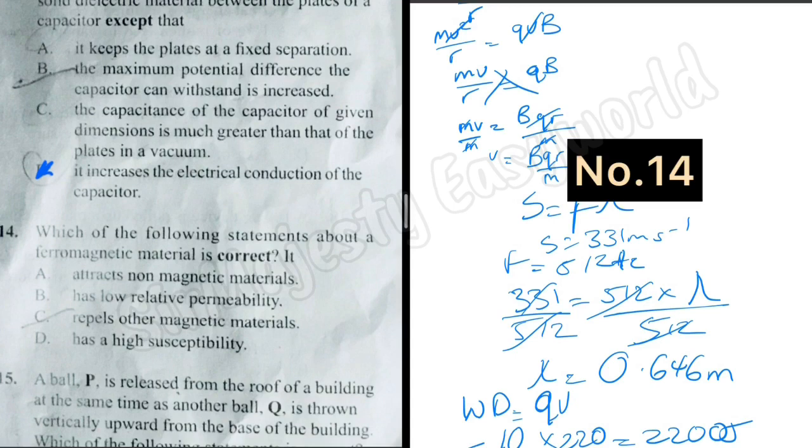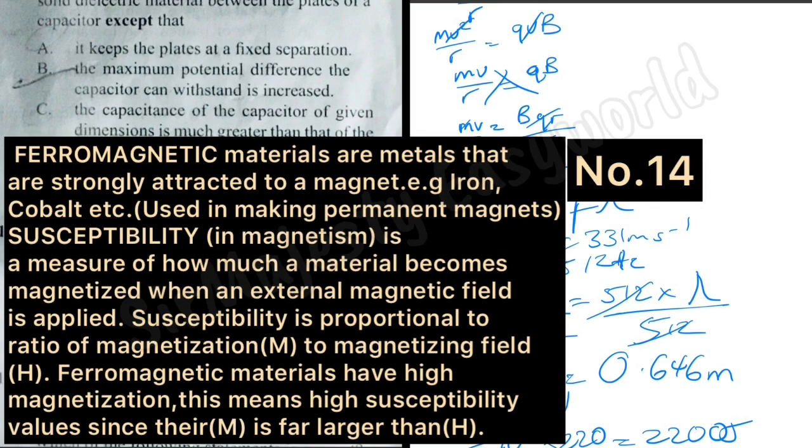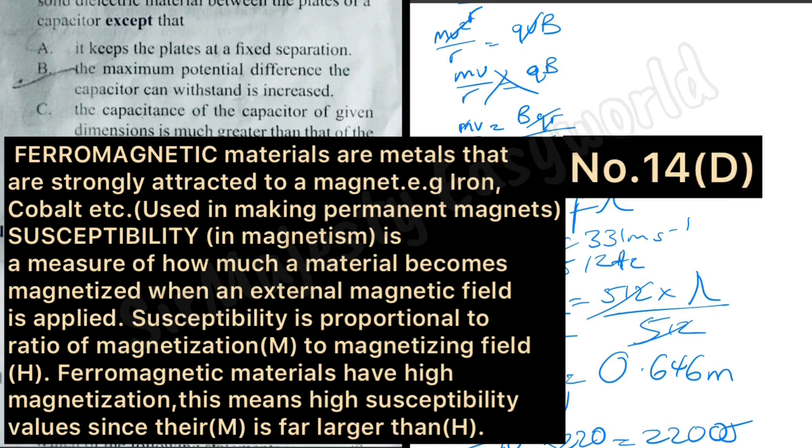It attracts non-magnetic material, it has low relative permeability, it repels other magnetic materials, it has a high susceptibility. The correct answer to this question is D, because it has a high susceptibility to attracting material.